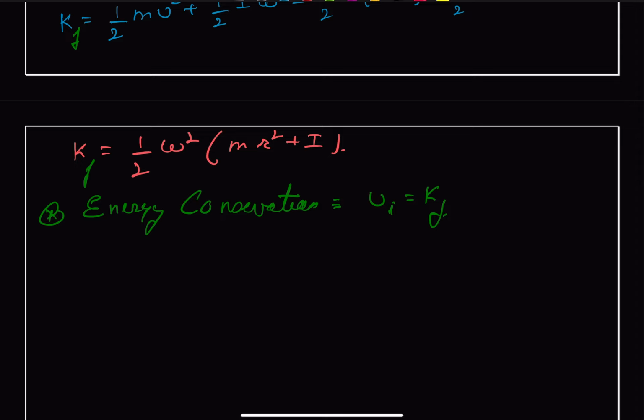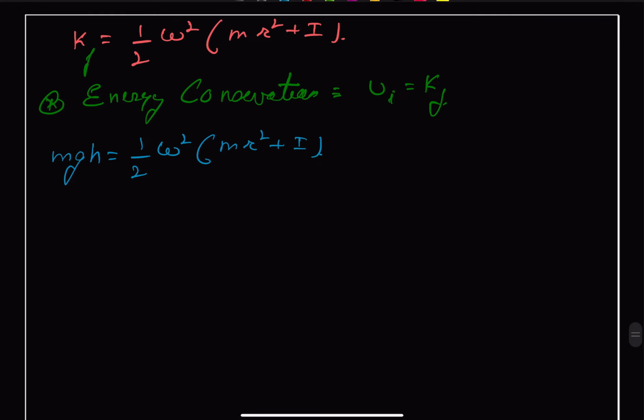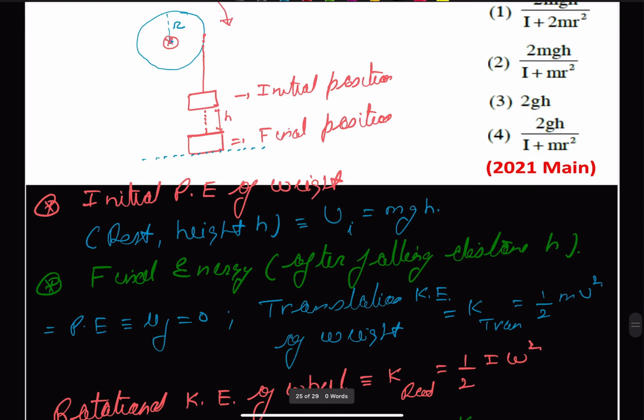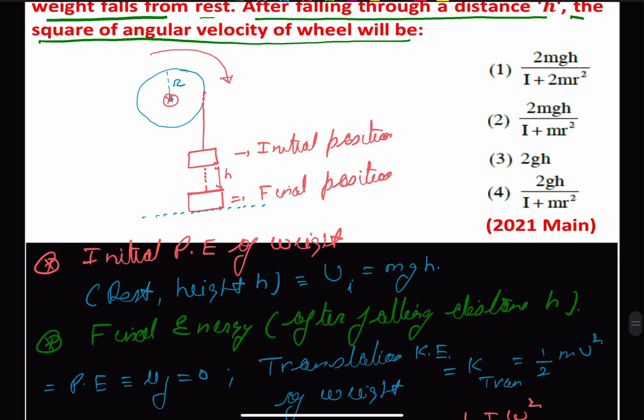We get mgh equal to half omega square times (mr square plus I), and now it is quite straightforward. We get omega square equal to 2mgh divided by (mr square plus I).